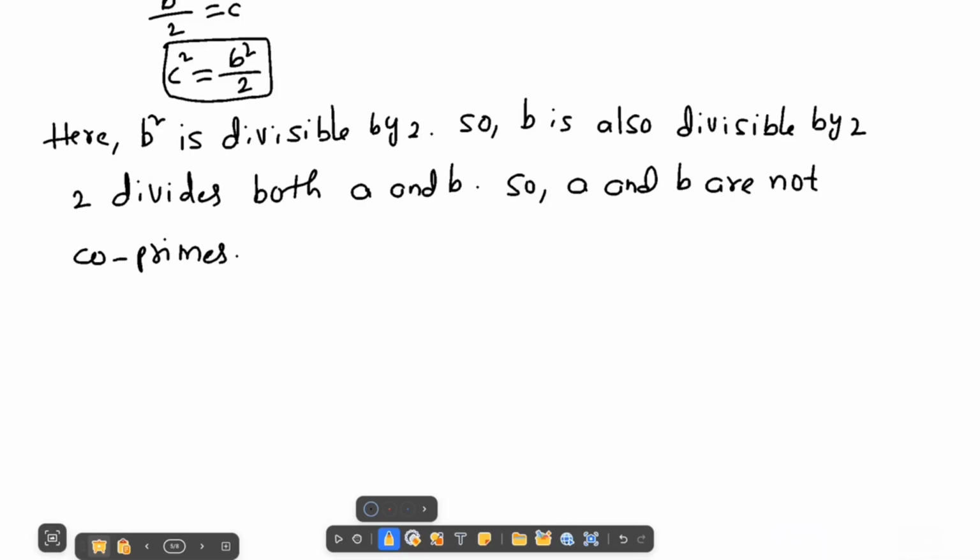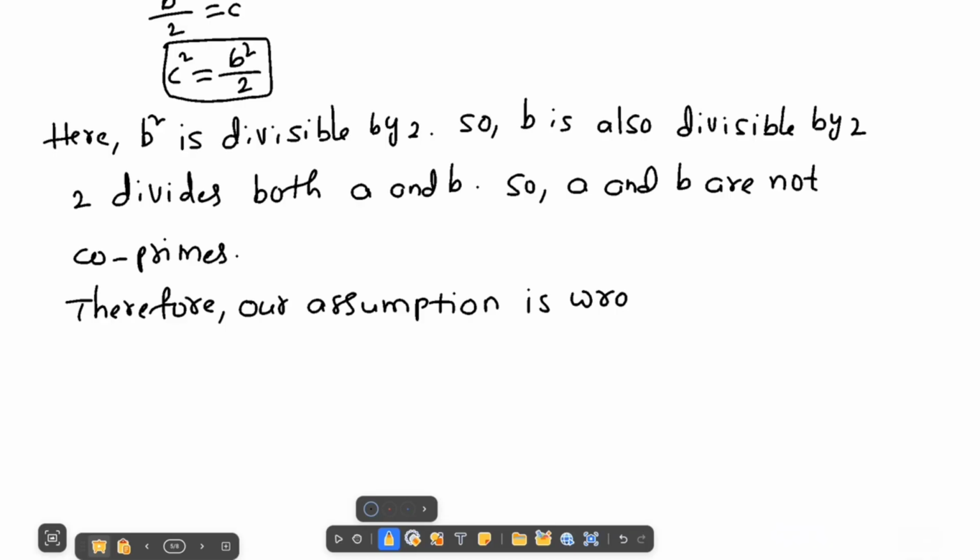What was our assumption? We have assumed that a and b are co-prime numbers, but here we got a and b are not co-prime numbers. So therefore we can say that our assumption is wrong, that root 2 is rational number and it is equal to a by b.